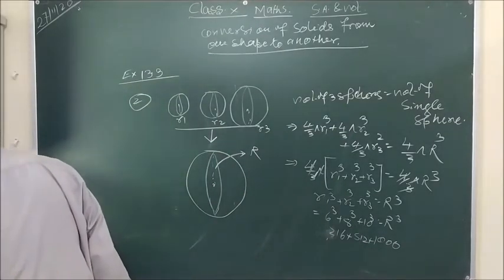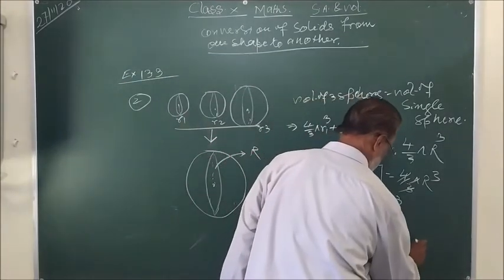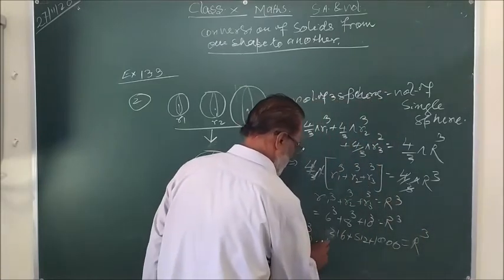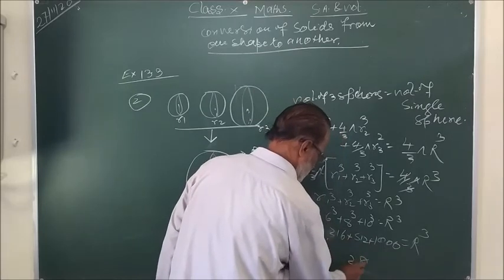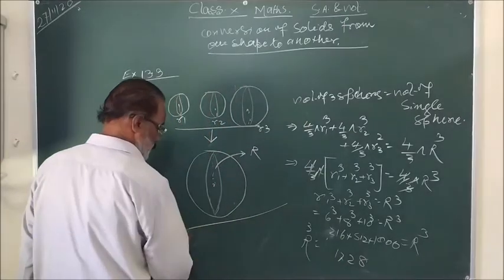Radius. And here it will be R cube. So R cube is equal to the sum, 1728. This is the R cube.